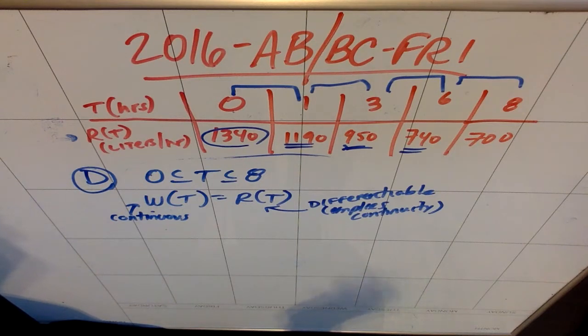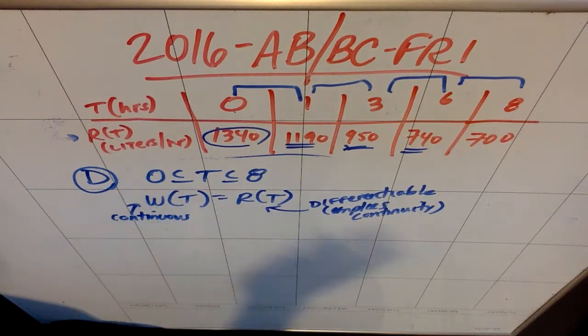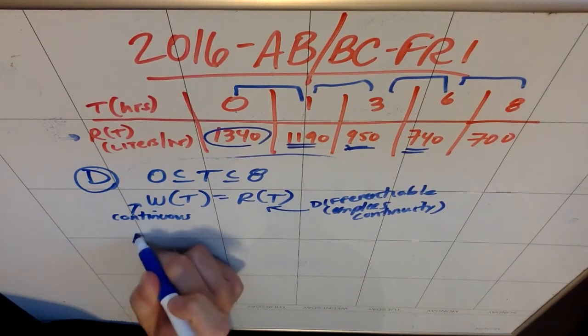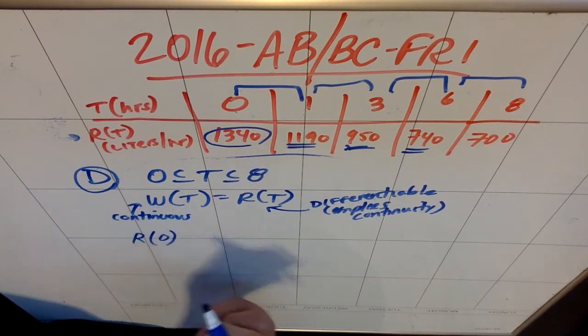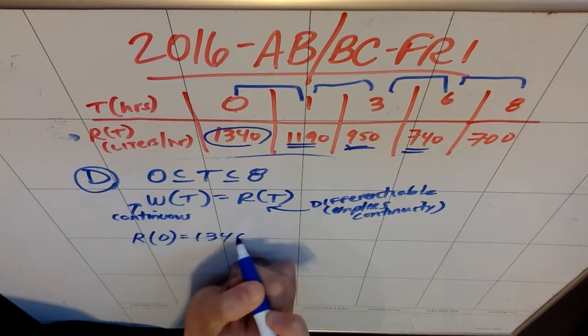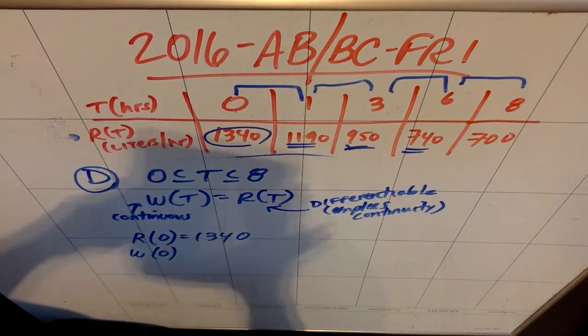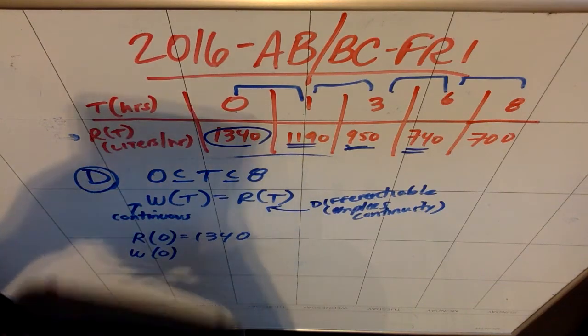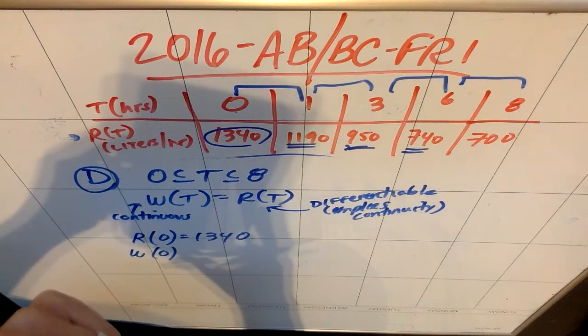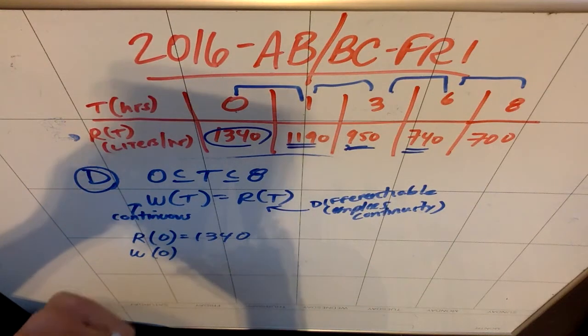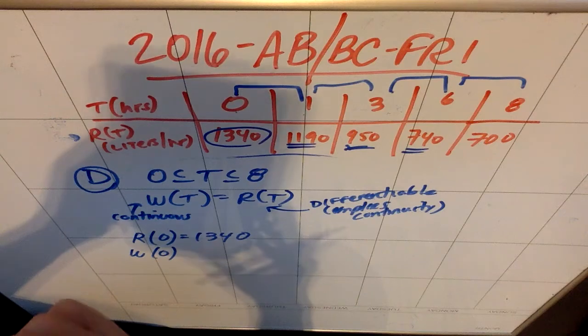So the question is, is there a time when they have to be equal? My argument here is that I know R of 0 is 1340. And if I plug in W of 0, and I can do that in my calculator, it's actually my y1. So if I want to be kind of lazy about it, I'm letting it graph now. I could trace.